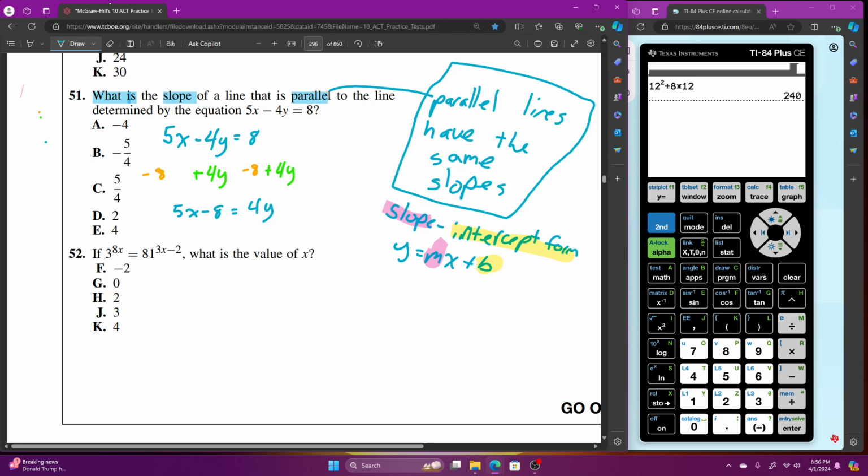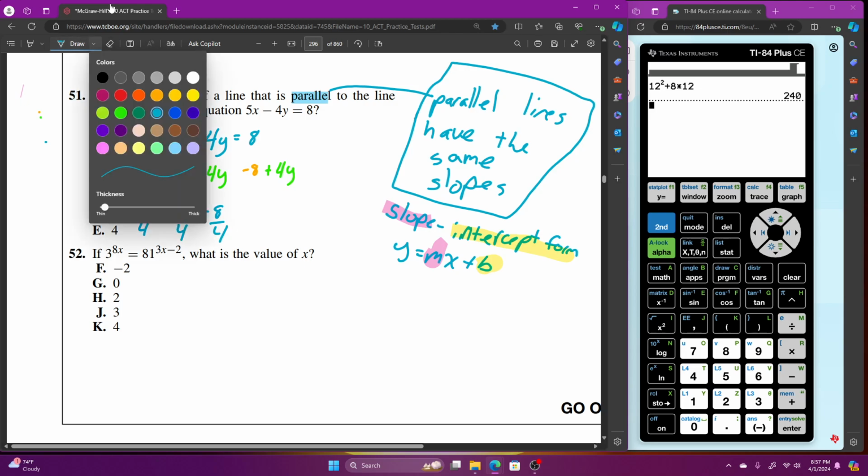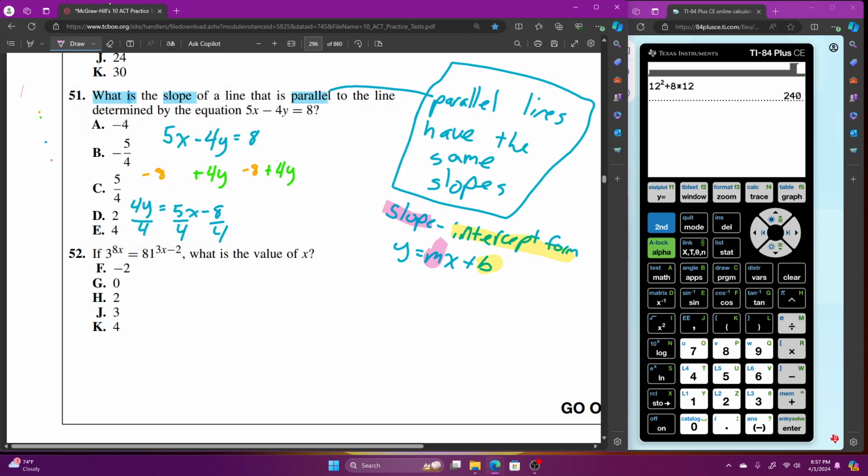I can move my 4y to the front so it looks a little more like this. Now to get the y by itself, just divide everything by 4. We can look here at our slope, where the m is, and that's everything with the x, it's 5/4. Number 51, the correct answer is C.